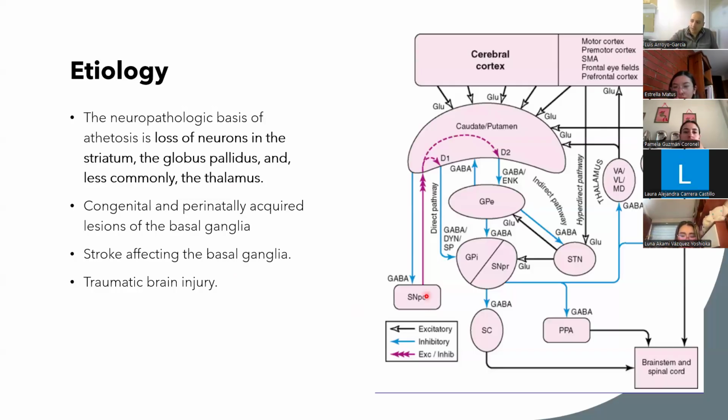We have the substantia nigra pars compacta that, with dopamine, comes here to activate D1 or D2. Let's talk again about D2.